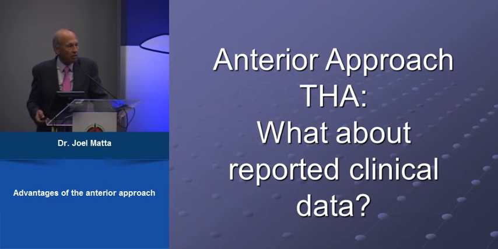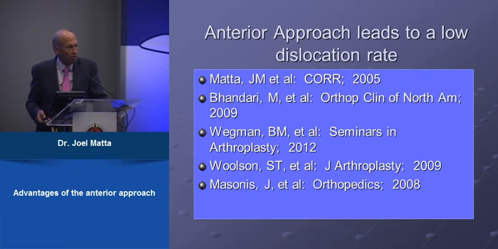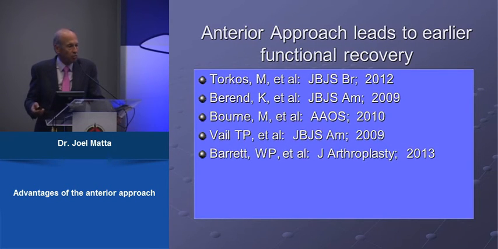What about clinical data? When I started teaching this, there was none, but now there's a number of references indicating anterior approach leads to a very low dislocation rate. We recently reviewed a multi-center series of 5,000 cases with 0.2% dislocation rate with multiple surgeons at different hospitals. Anterior approach leads to earlier functional recovery, as indicated by several studies.